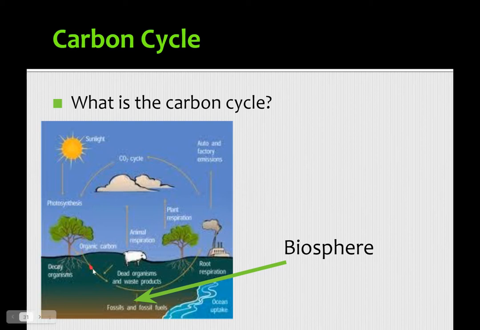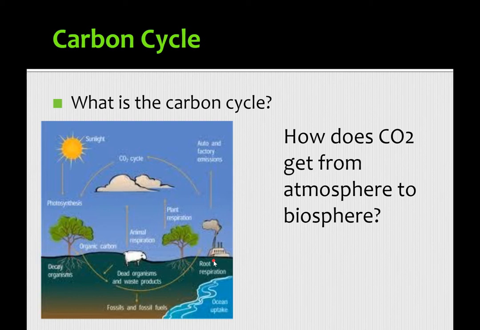At ground level and even underground, we have carbon locked away in plants and animals. We have carbon that is stored in soil and in rocks, and carbon that's also in the oceans. So the carbon cycle is just the movement of carbon through the biosphere, and the biosphere is where all life exists.